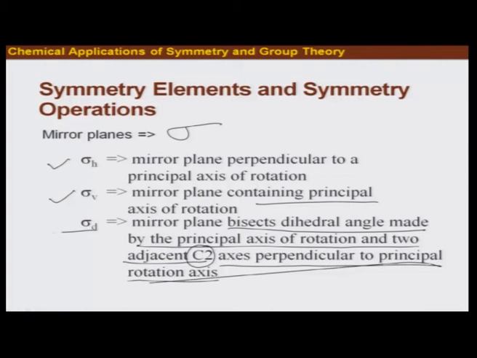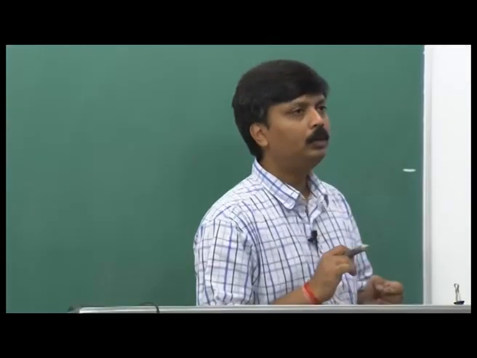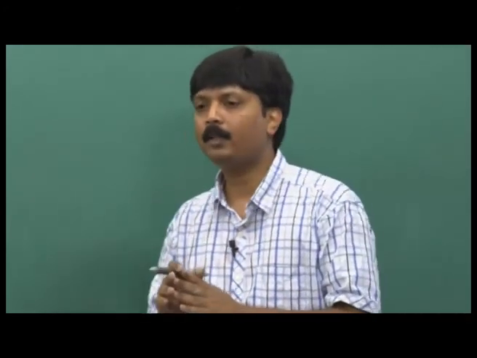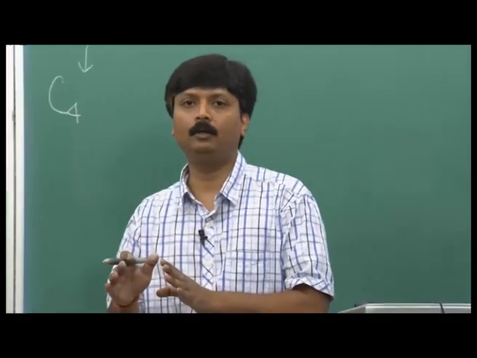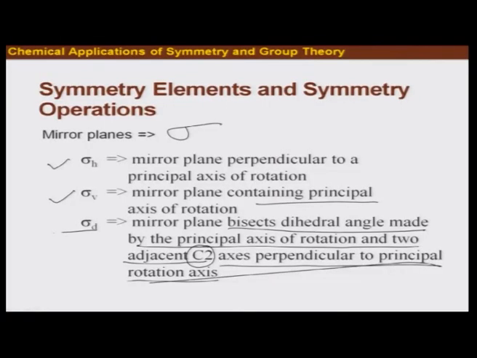So, whatever be the name, sigma v, sigma d or sigma h, their functions are the same. These subscripts v, d and h are just used to separate different planes of symmetry, but their jobs are the same.